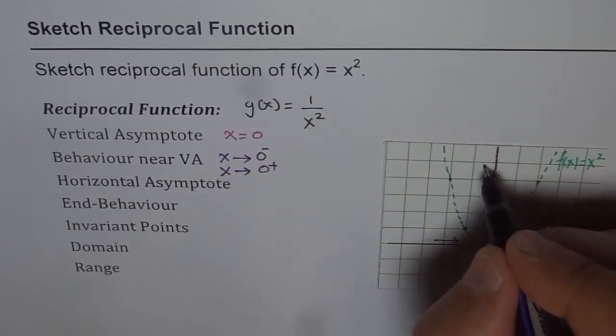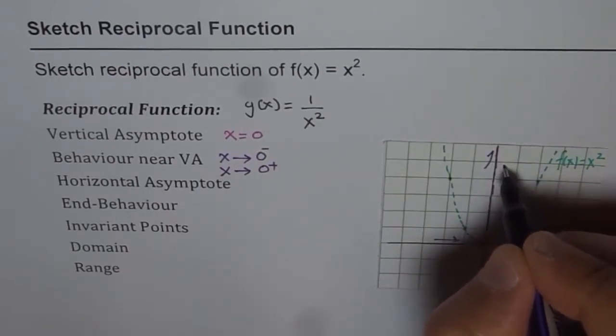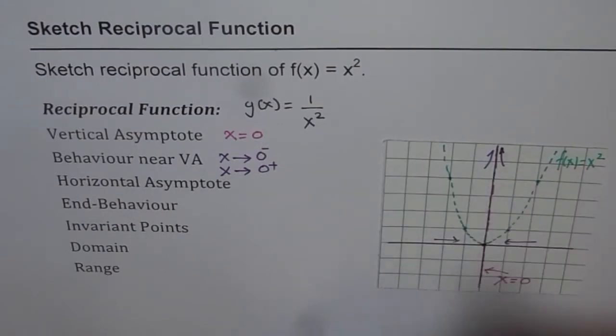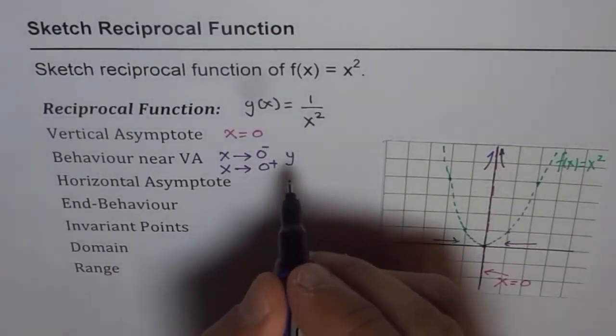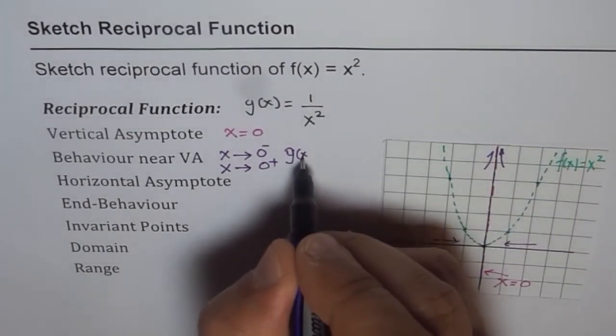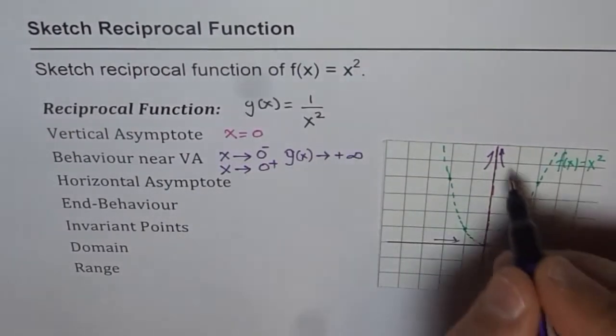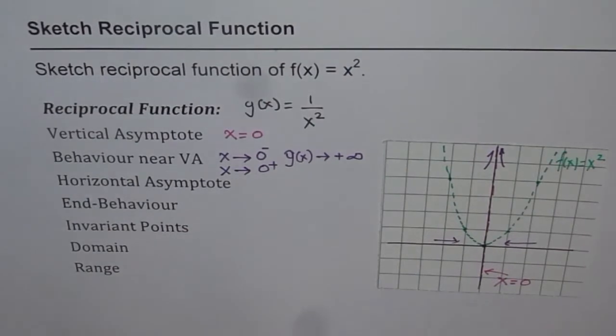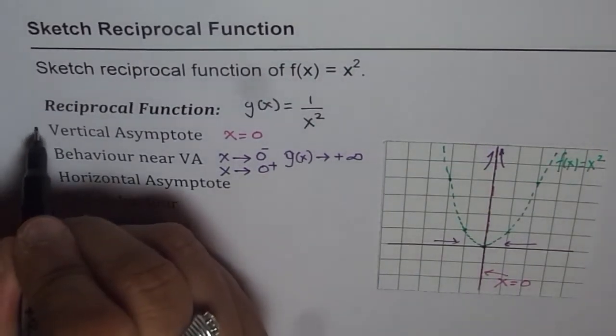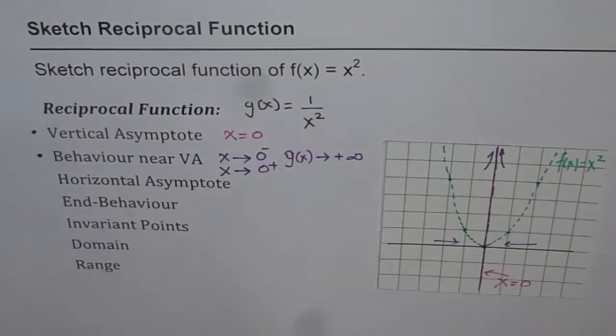So in both cases, g of x will approach positive infinity, as shown here upwards. So that is the behavior near the vertical asymptote. So we have considered the vertical asymptote and its behavior.